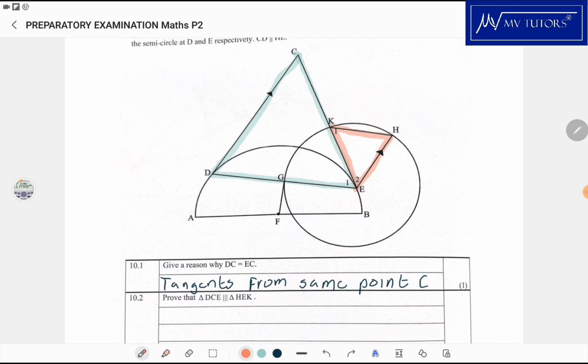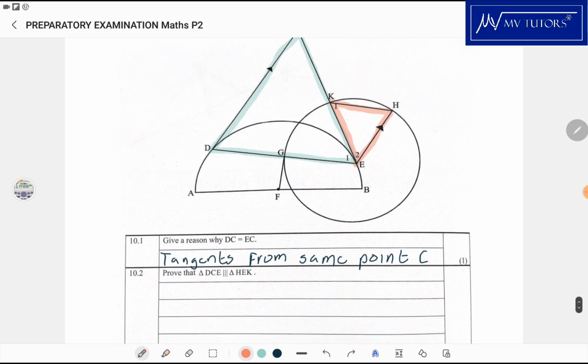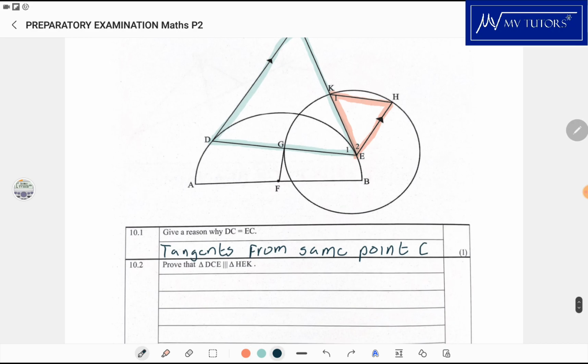Now, looking at these two triangles, what connects them is this chord CE, and you can see that I've got two parallel lines. So the angle C from the big one, I'm just going to say that angle C is equal to the angle E, and the angle E in the red triangle is actually E2. Okay, so that one is pretty much the easiest one to pick.